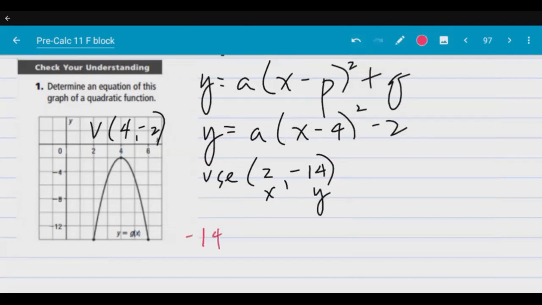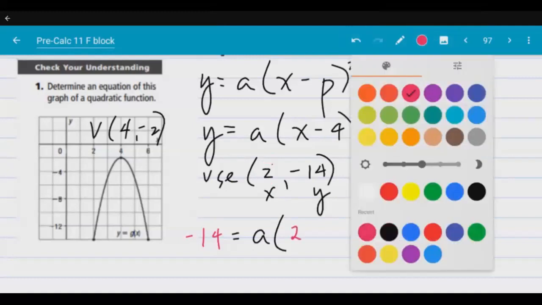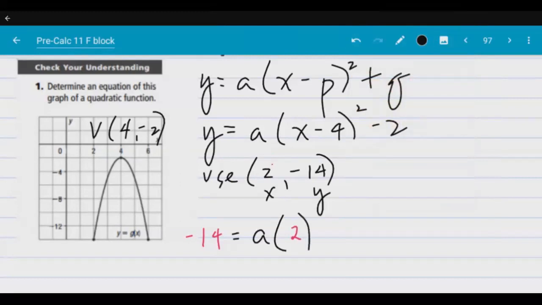-14 equals a. I don't have a value for a, but I have a value for x right here, which is 2. So, a times (2 minus 4) squared minus 2.